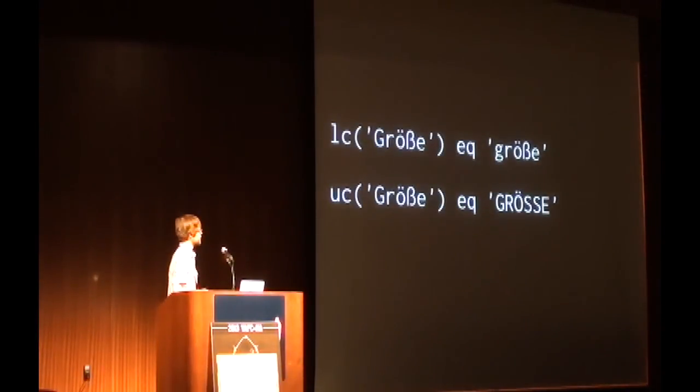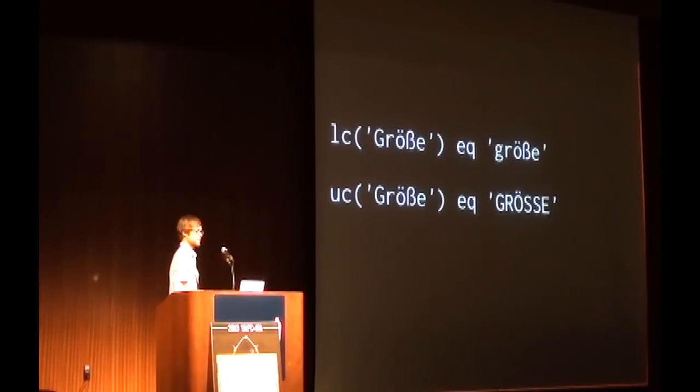Now let's uppercase the word. Some folks might not expect what we get here because in common German usage, there's no uppercase form of the sharp S. Instead, they use uppercase S, uppercase S. Okay, well that's great that Perl will do this by default on our Unicode strings.